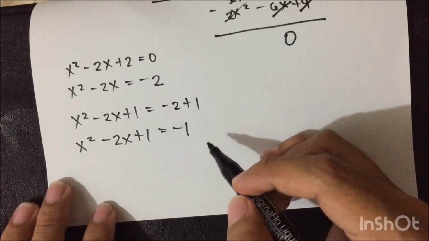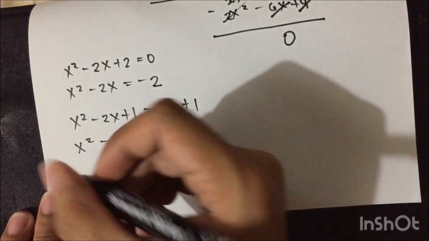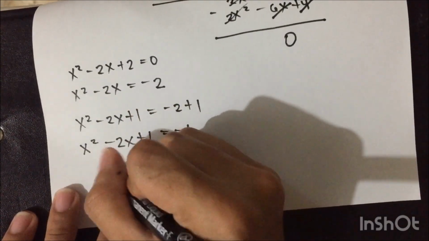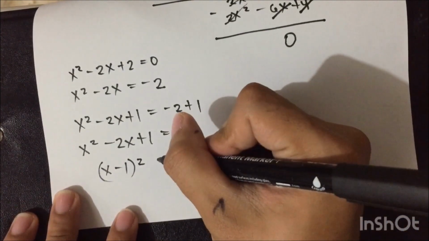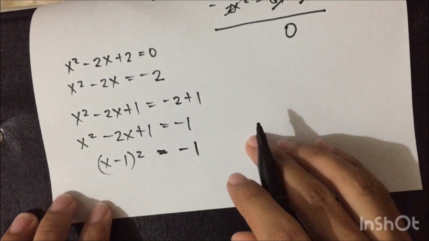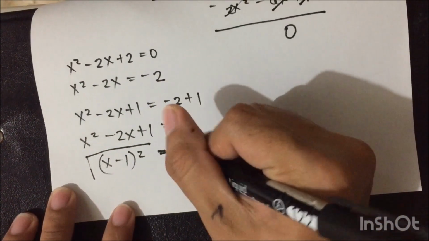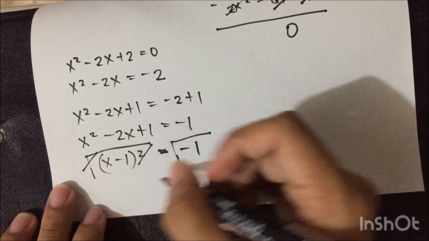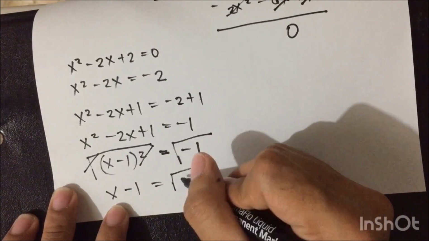Itong term to is also equal to x minus 1 squared. Yan. So, para makancel yung square, square root natin itong kabilang side. So, we have x minus 1 is equal to square root of negative 1.